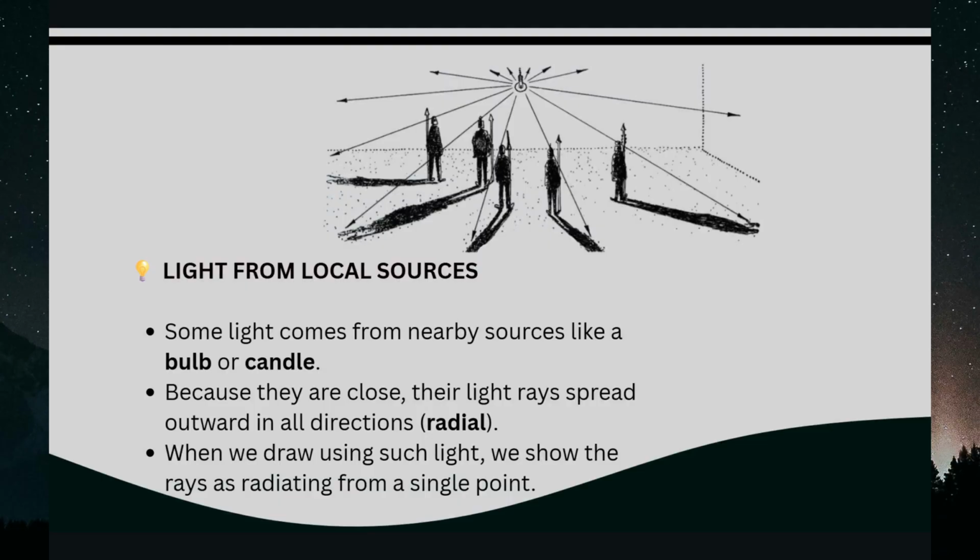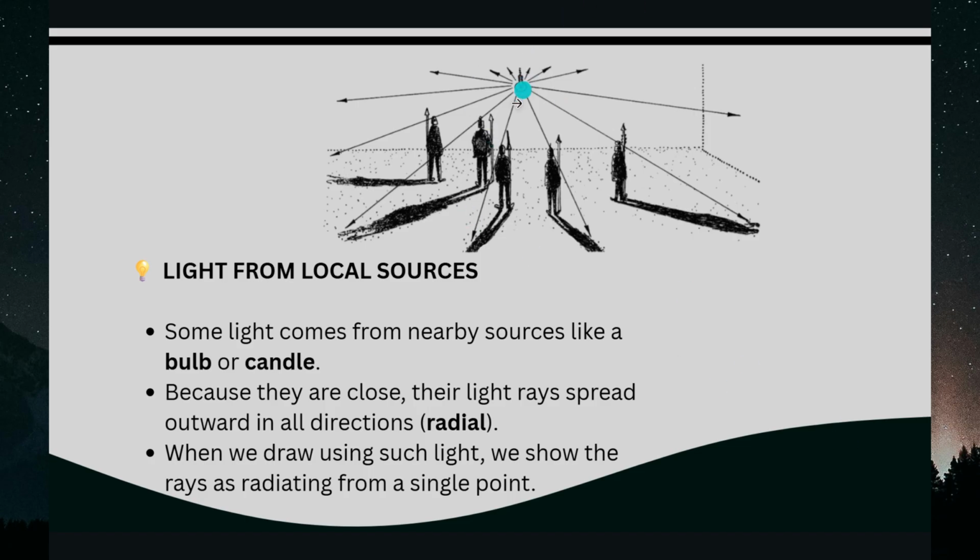Now the next section that I'm going to discuss with you is called the second part, light from local sources. The definition is that some light comes from nearby sources like a bulb or a candle. Because they are close, their light rays spread outward in all directions, which is called radial. Radial means this.